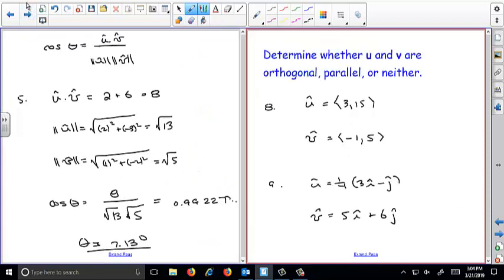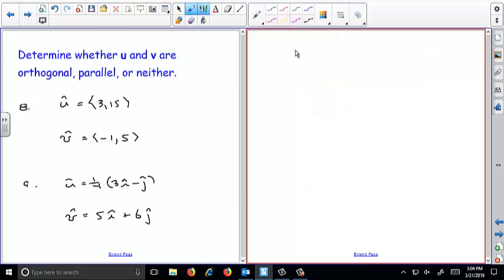Okay, the next ones are to determine whether the two vectors are orthogonal, which means 90 degrees, parallel, which means 0 degrees, or neither, which means it's either not 0 or 90. So at 0 degrees, the cosine of theta equals 1.